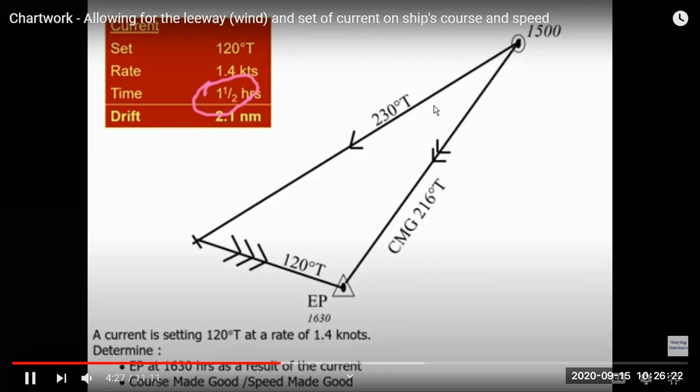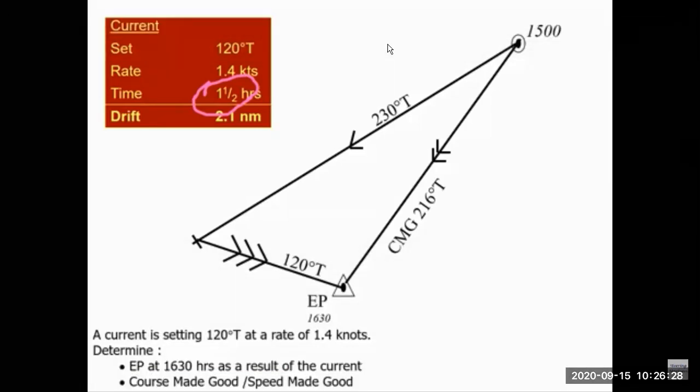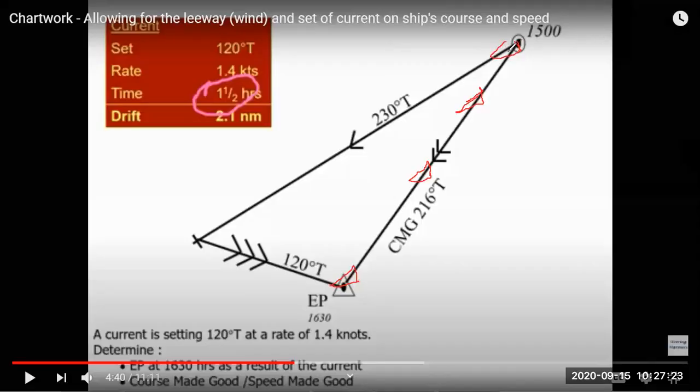So the ship is steering 230 and the current was setting 120, and the course made good came to be 216. So the ship is steering 230 throughout, and because of the current setting 120 it is moving on a course of 216. Now how to measure?